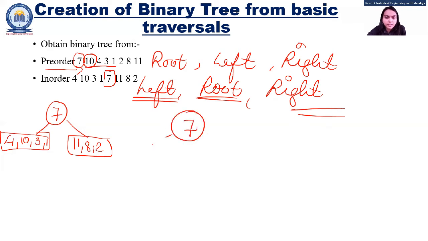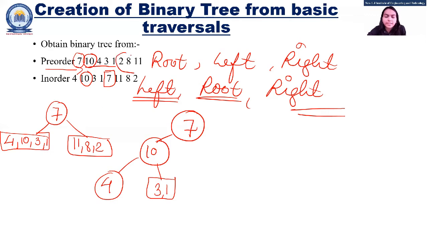So 7 and then 10. What will be the left and right of 10? That we will be able to get from in-order. So if we see where is 10, 10 is over here, left of 10 is 4 and right of 10 is 3 and 1.